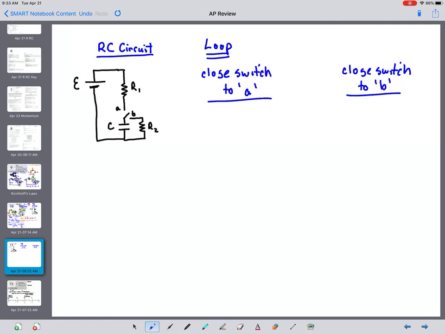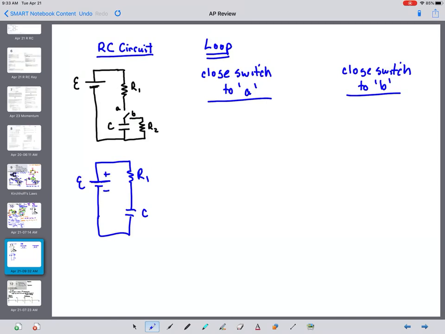If we close the switch to A, I'm not going to adjust my diagram. You can imagine it's closed to A. Then all I have in my circuit is basically the battery, R1, and the capacitor. The loop rule says that the changes in potential will equal out to 0.